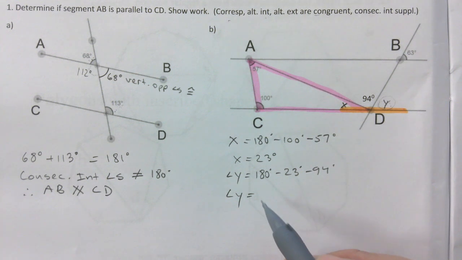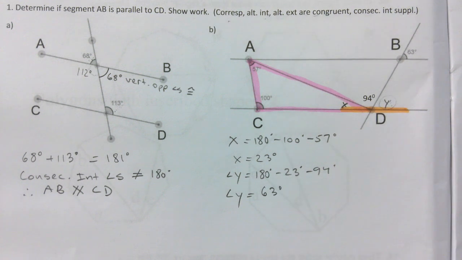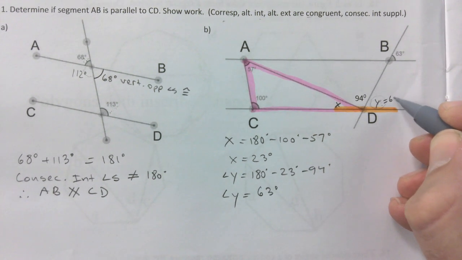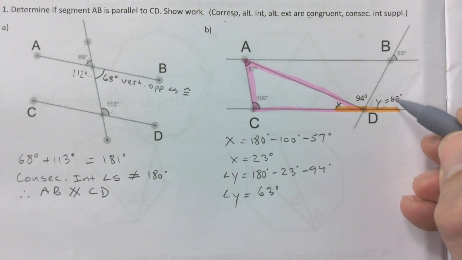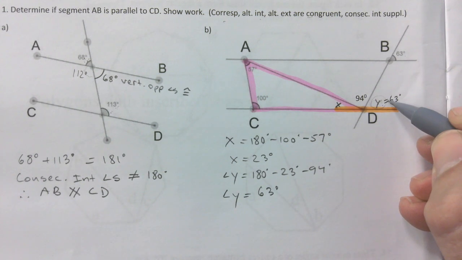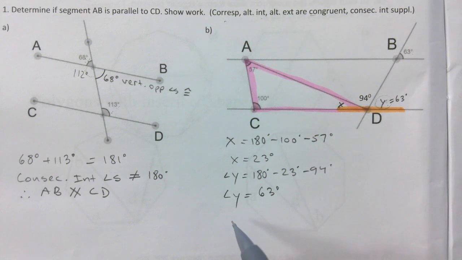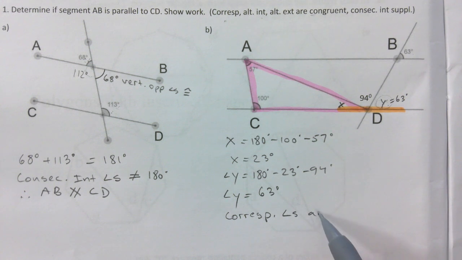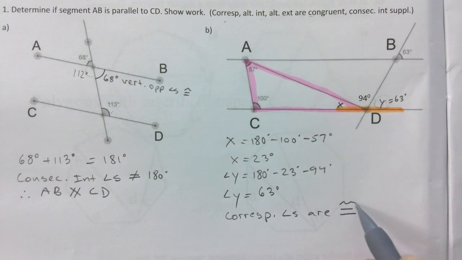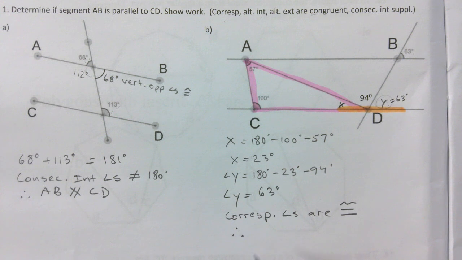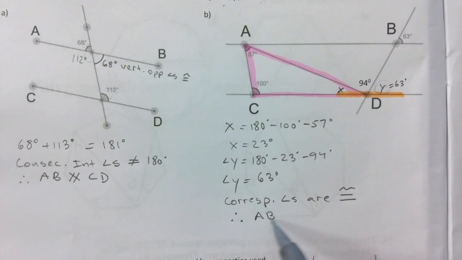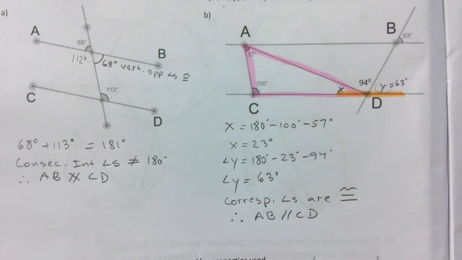Yeah, it's 63. Oh, I like that, right? It actually makes sense. This is 63 now, and these are corresponding. So you can now conclude that corresponding angles are congruent. Therefore, AB is parallel to CD.